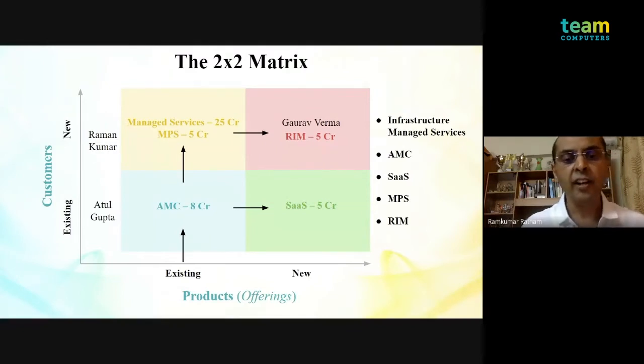So you see how I have grown my footprint in the customer organization in a period of 6 months to 12 months. Initially, my share of wallet is 8 crores. Over a period of 12 months, I've increased from 8 plus 5, 13, to 25 plus 5, and I've made this a 50 crore account by expanding my base in a very logical, organized way through my research, through leveraging my goodwill.